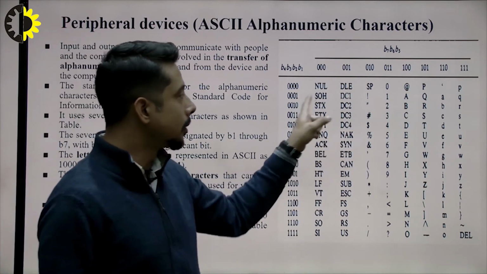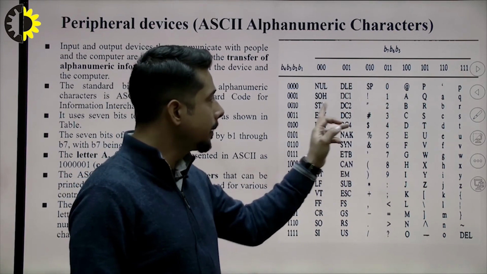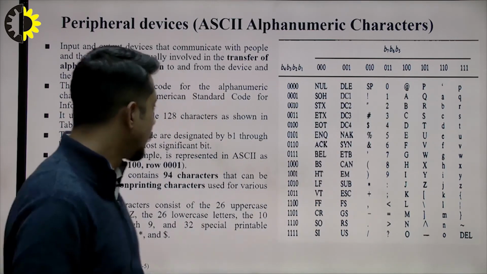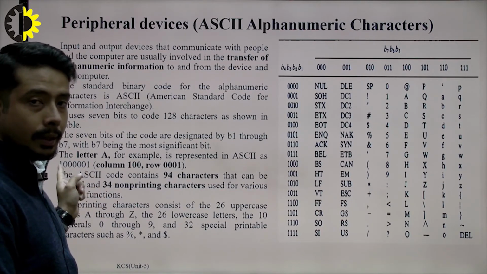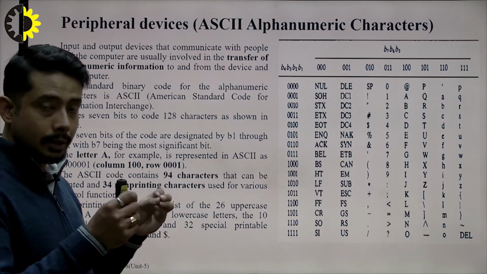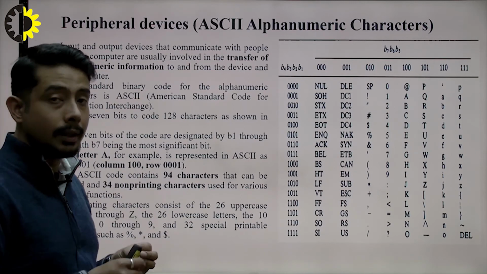The row is 0 0 0 1, okay, and the column is 1 0 0. So together, merging column by row, it becomes 1 0 0 0 0 1, as you can check here. So column is 100 and row is 0 0 0 1. Like this, the alphanumeric bit has been designated for the letter A.